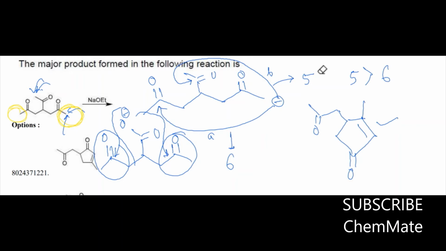Here 3 hydrogens, and here 3 hydrogens. So a total of 6 hydrogens are equivalent, whereas this kind of proton has only 3 protons. So there is much more probability for a proton to be abstracted from this position. So the product will be this.